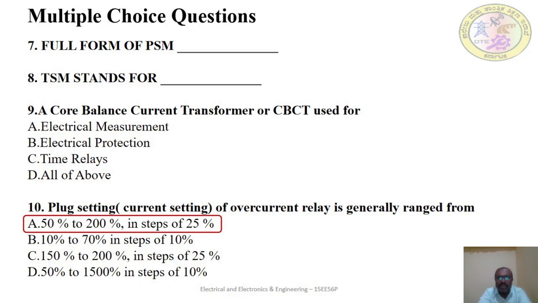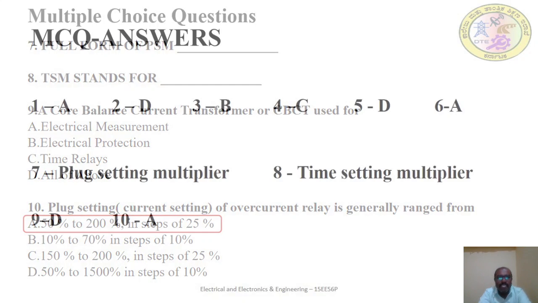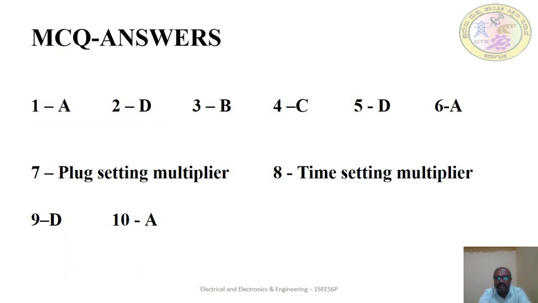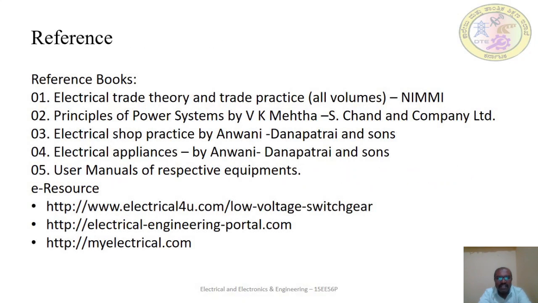Option B will be used for earth fault relays, 10 to 70% in steps of 10% for earth fault relays. The answer will be option A. Next, you can see the answers which we discussed in the above MCQs. These are the references.